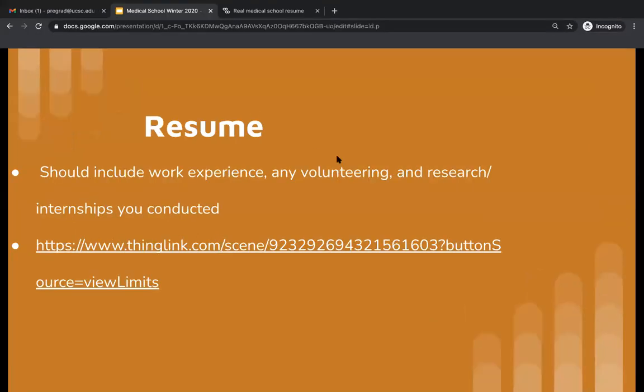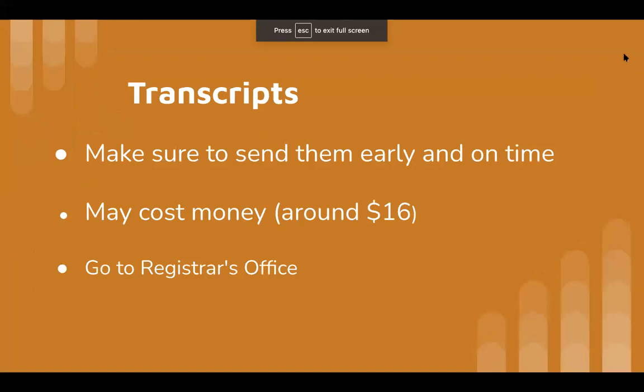All right. Okay, transcripts. So annoyingly enough, you actually have to pay for your transcripts. The way this works is you go to your school, in this case UCSC, you go to the registrar's office. You can either call or just go in and ask them to receive your transcripts.